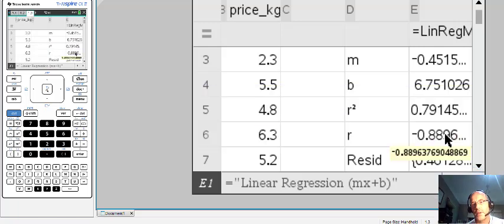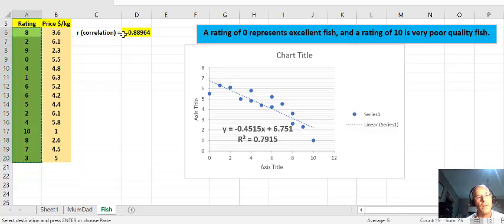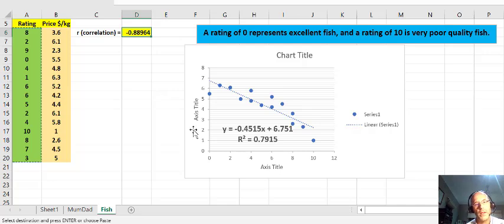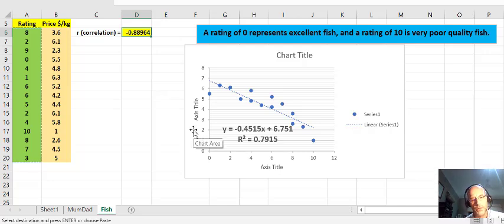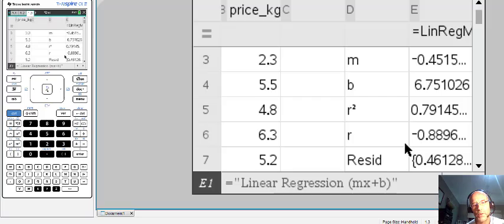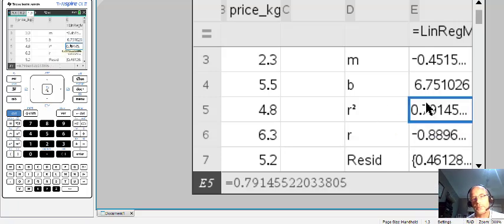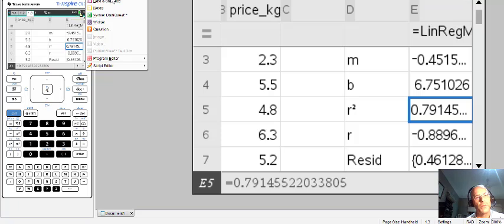We've got R at negative 0.89, which we saw before, and R squared of 0.7915.